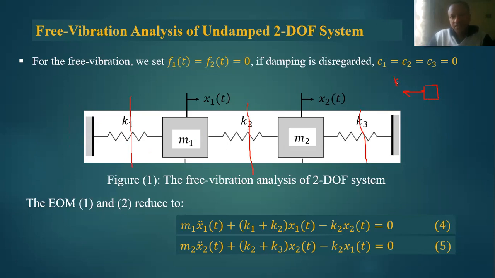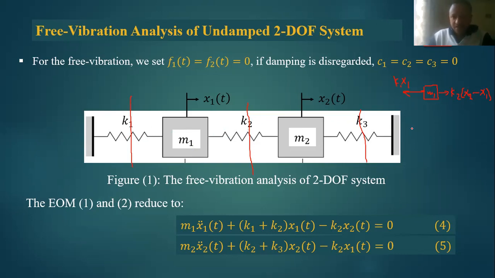So kx is the force, k1 x1 in this direction, and k2 times x2 minus x1 is for the first mass. So consider this one as mass 1, m1.